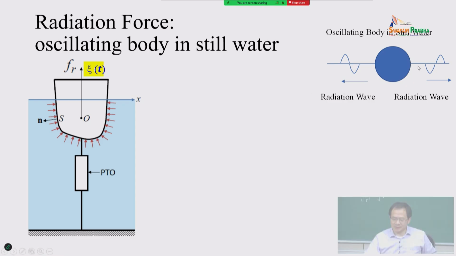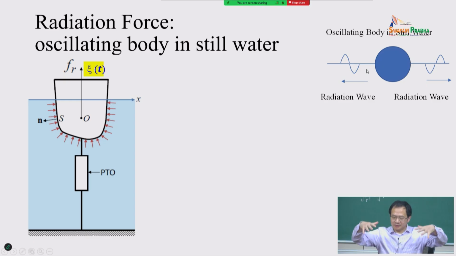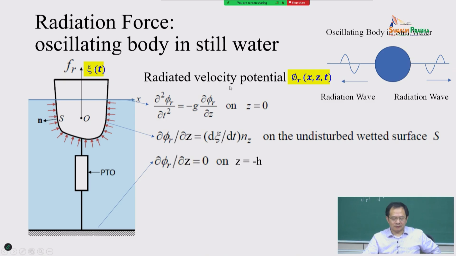Again, the water is still, and the buoy is moving up and down. Then you have a radiation velocity potential in this field. Looking at the bottom, in the z direction at z equals h, the velocity is 0. On the top surface, at z equals 0, you also have a boundary condition.